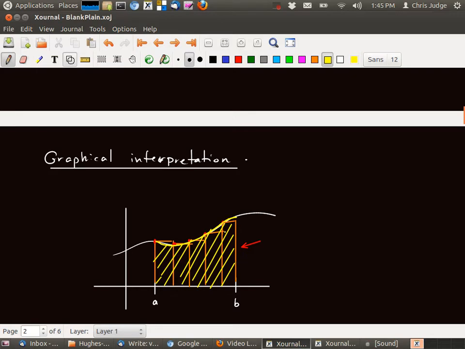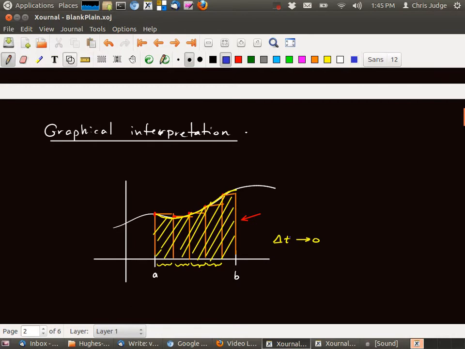And in fact, if we make the intervals smaller and smaller, as we do when we compute the definite integral, if we take delta t goes to 0, then the area is not only approximated, it's actually equal to the limit of the Riemann sums.